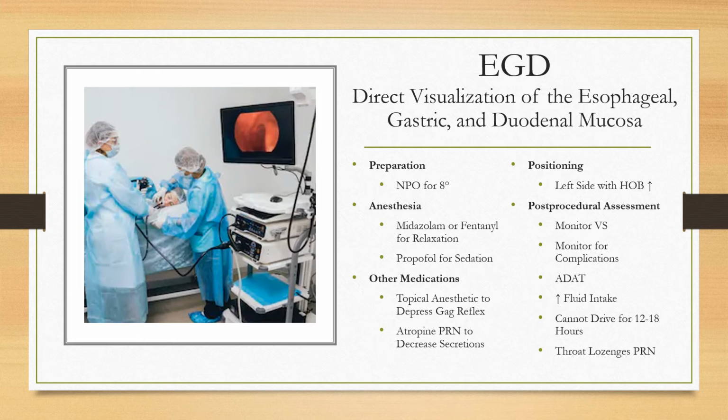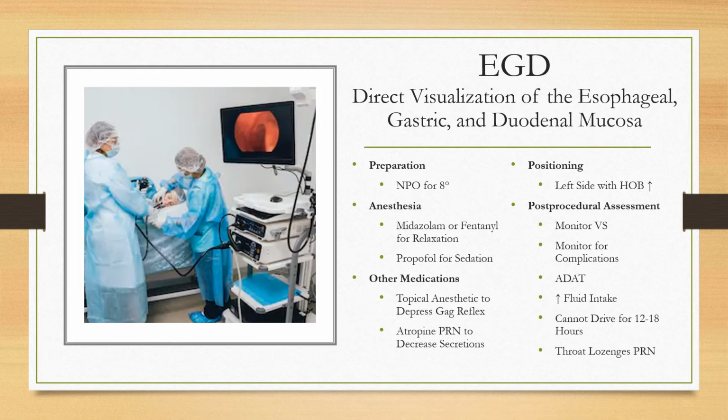So what are the complications of an EGD? Well, if the person's not sedated enough, they could vomit. That wouldn't be good because then they could aspirate. The scope could potentially perforate the esophagus or the stomach or the duodenum. They could get significant bleeding from a biopsy during the procedure.